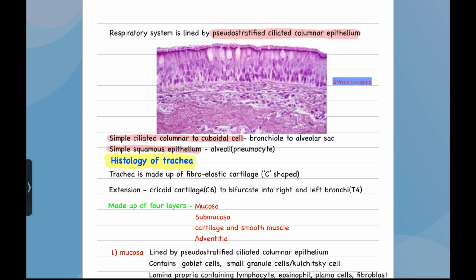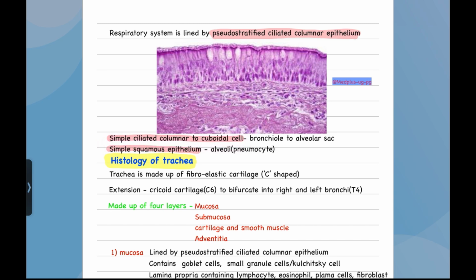The respiratory system is lined by three epitheliums. Trachea is lined by pseudostratified ciliated columnar epithelium. Next, alveoli are lined by simple squamous epithelium, and the rest of the respiratory tract is lined by simple ciliated columnar or cuboidal cells.